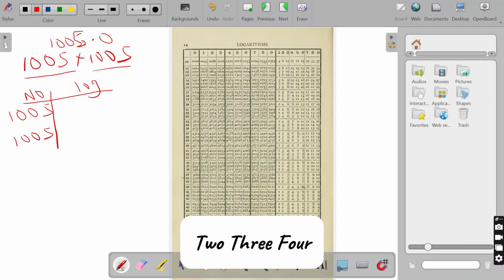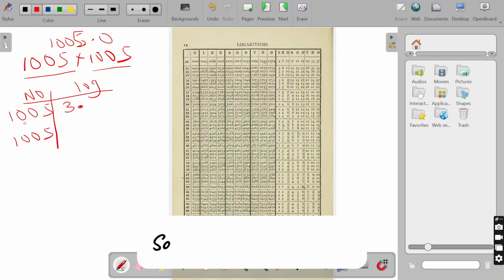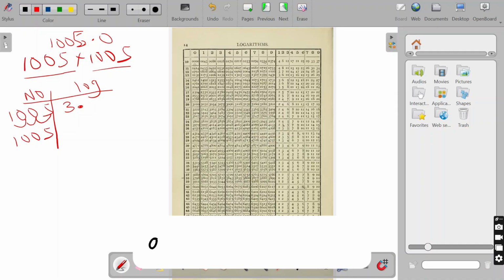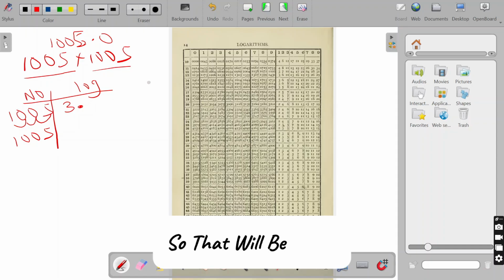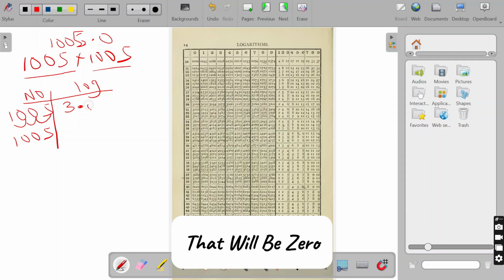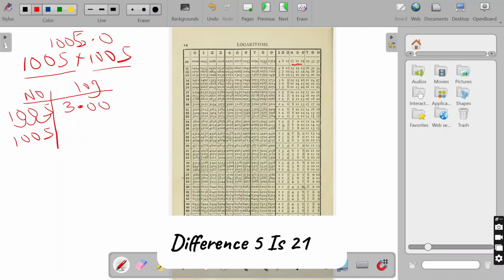So you write 3, then point. You call it like this: 10 under 0 difference 5. You go to where 10 is. 10 under 0 is 0.0000. Then difference 5 is 21.